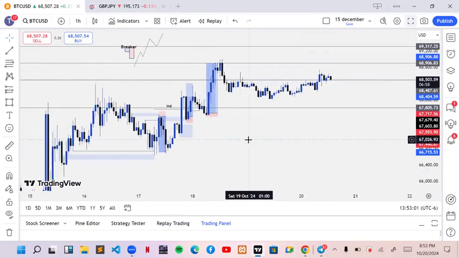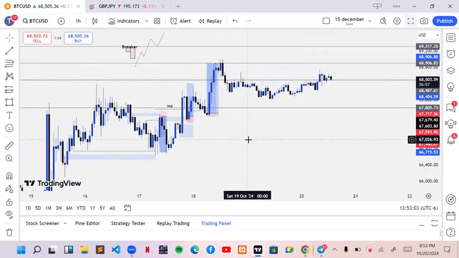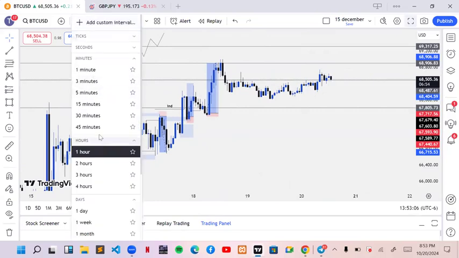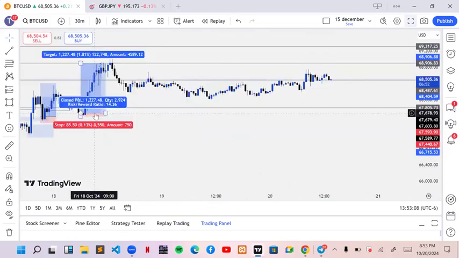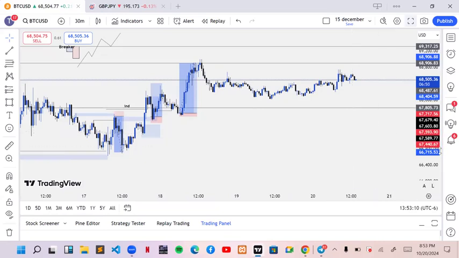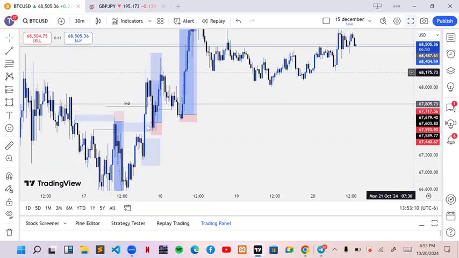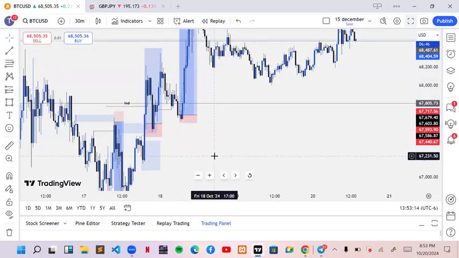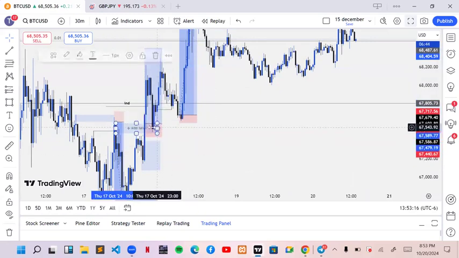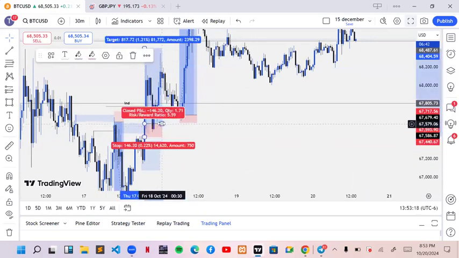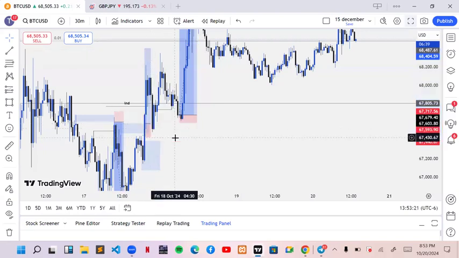Let me see if I can find that trade. I don't really remember the trade form. Let me see if I can find it. I think, yeah, it's this trade here. It was this trade, but I caught it very early when it was already moving. Let me send it to the comment.